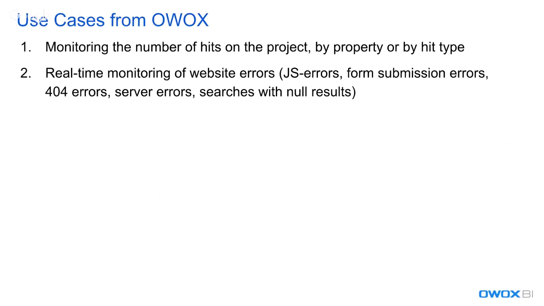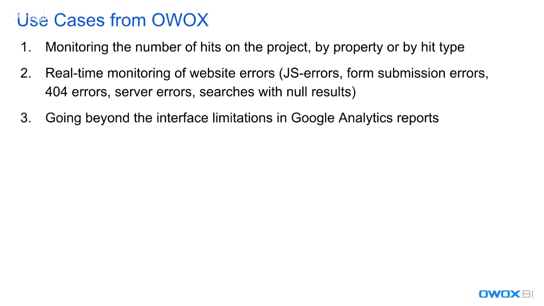What does it mean? When we have one of these errors, in real time we send information to our Slack channel or our Gmail, and we know that we have some problem and we need to resolve it.